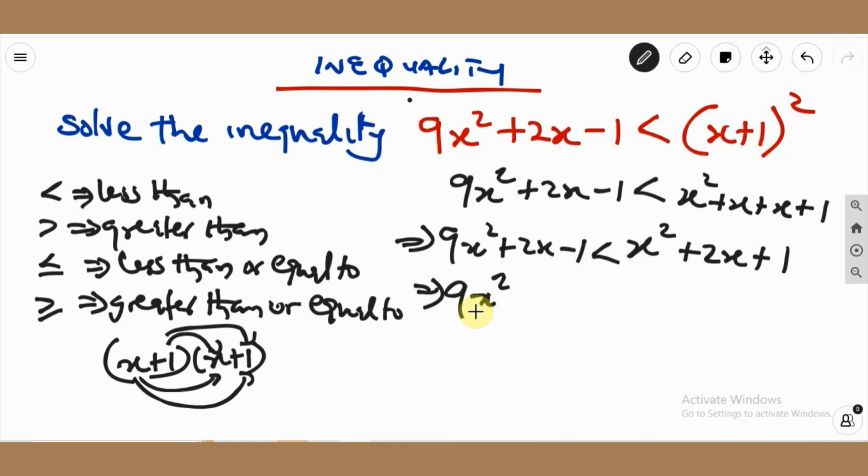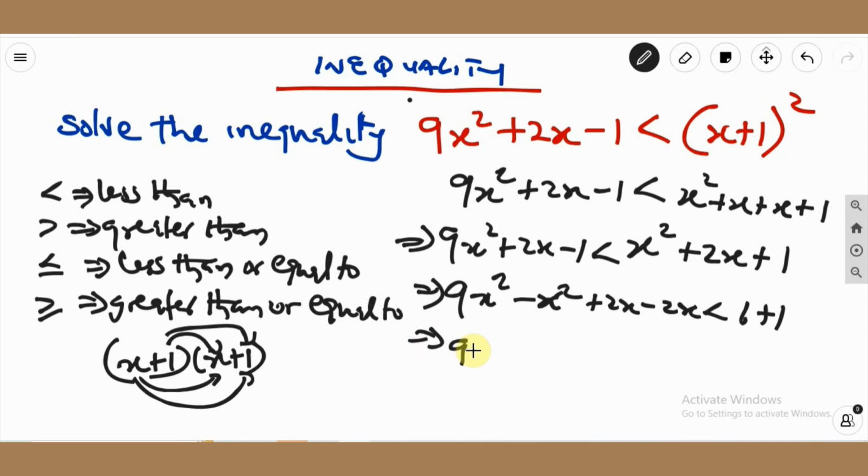So this is going to be 9x squared minus x squared, because it's plus here, it's going to change to minus as it crosses this sign. So plus 2x, this 2x is going to cross to meet the other 2x because they are like terms. It's plus here, it's going to become minus 2x. Then I'll put less than. So minus 1 is remaining here, so it's going to cross over and become plus 1.